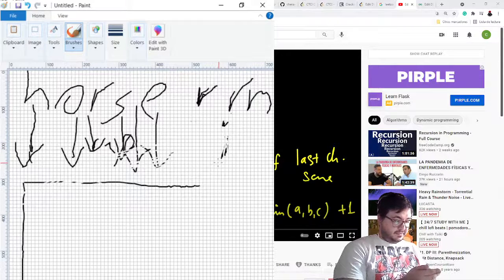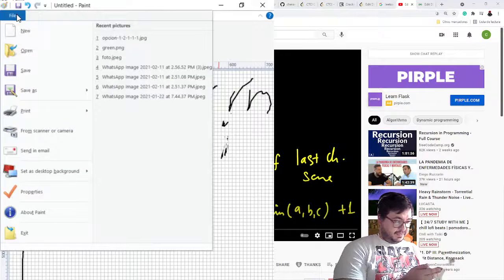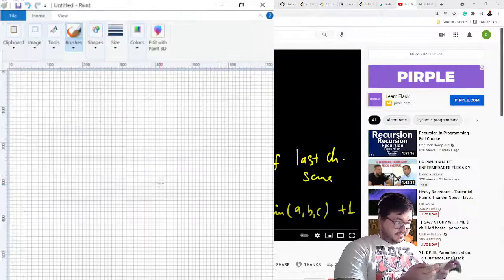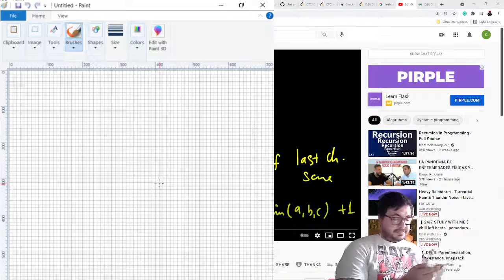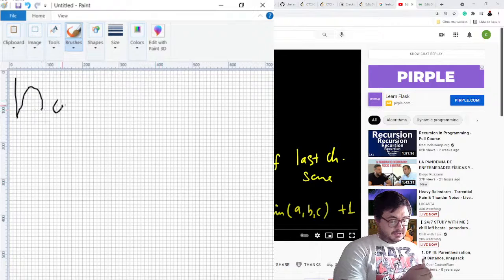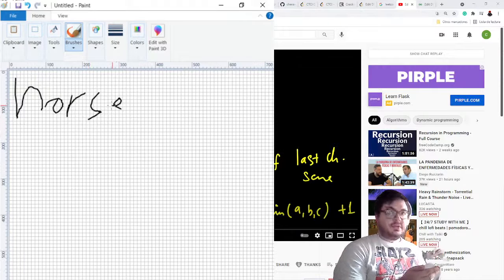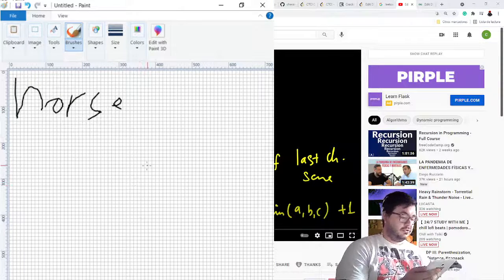Let's just make a new file. Horse, horse, 2 rows.